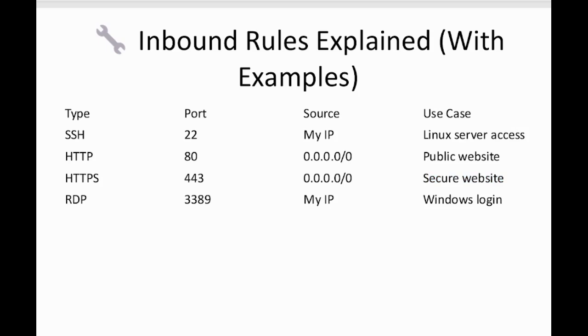Okay, next one is RDP. RDP uses port number 3389. Here you can use your IP address, and basically it's used for Windows login. Okay, Remote Desktop Protocol. So I hope it's clear. Basically, this type of question is asked, like HTTP works on which port number, HTTPS. So you can keep this in mind.